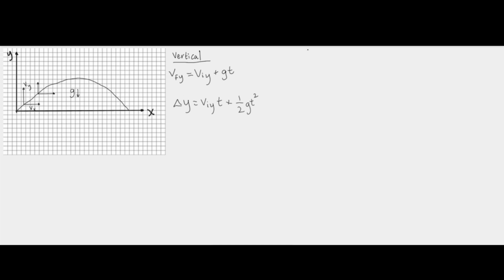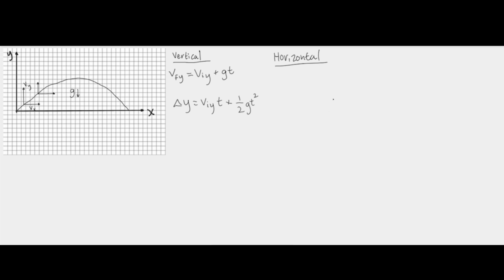So what about the x direction? What about the horizontal component? In the textbook, it lists just one equation, and it doesn't go into much detail. I'm going to show you why it only lists one equation.